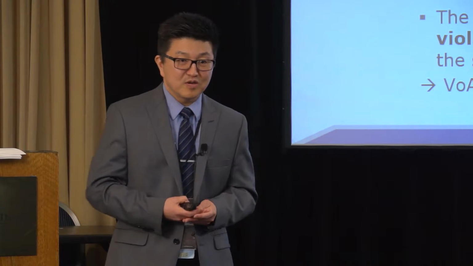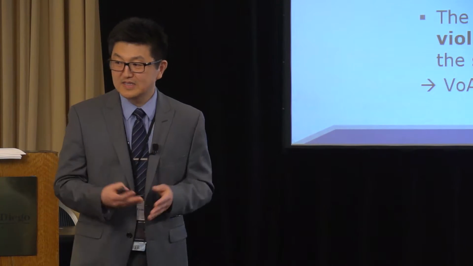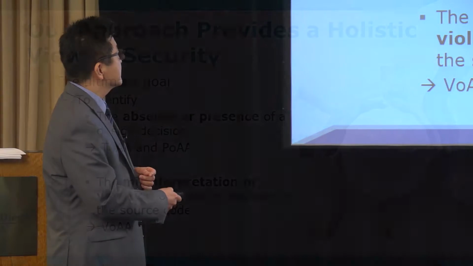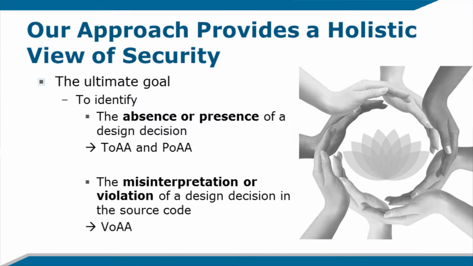So just to give you an overview of our approach again, in general, we try to accomplish this goal of identifying, because that's what architectural analysis is all about, either the absence or presence of these design decisions, especially with respect to security, as much as we can, using tactics and patterns, and using these first two phases of our approach, tactic-oriented architectural analysis and pattern-oriented architectural analysis.